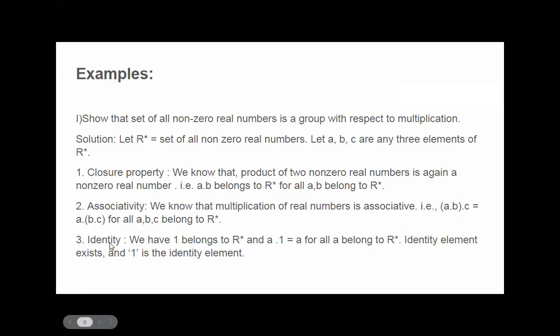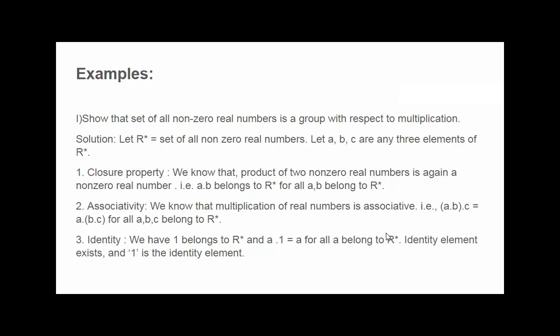Then the next is identity. We have 1 belongs to R star and A dot 1 equals A for all A belongs to R star.